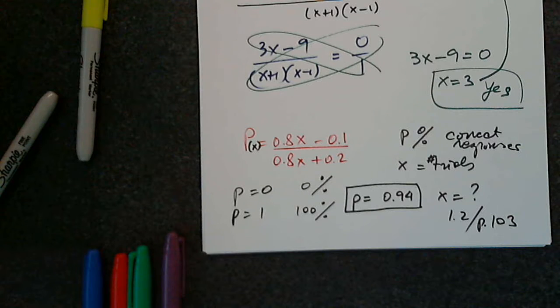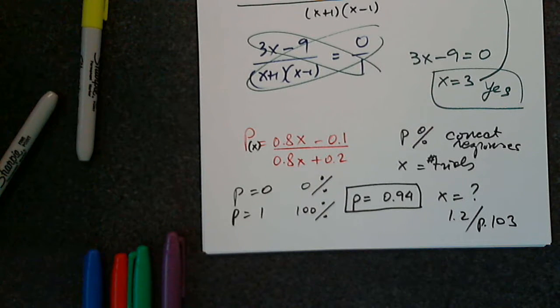What type of expression is that? Exactly, because it has a ratio and it has x in the denominator. So we're given a rational expression, and we are told it represents the percent of success, anywhere between 0% and 100%.